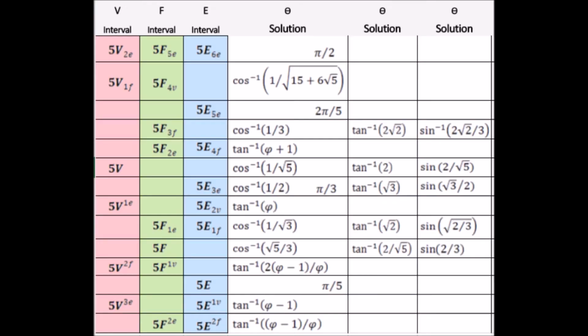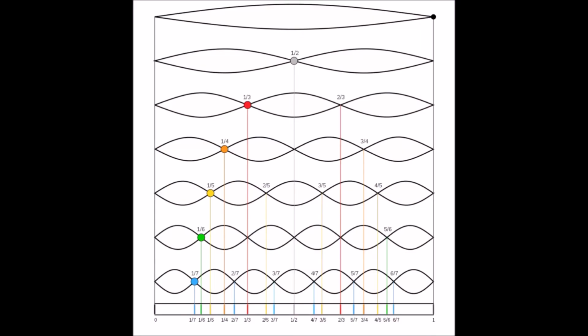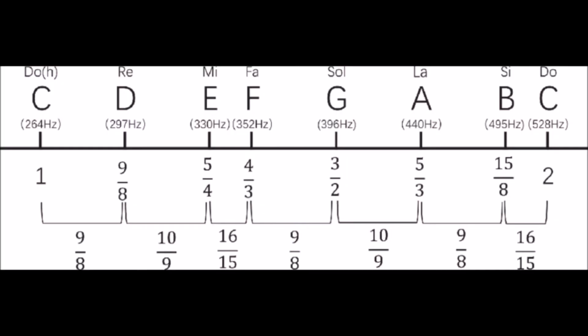I will be referring to this table of solutions for angle theta, and this will be the basis for the rest of the analysis of these fifth harmonic notes. Let me explain what kind of ratios I was looking for. I used the basic concepts from music theory to categorize the ratios, where the ratios are a difference in pitch between two sound waves.